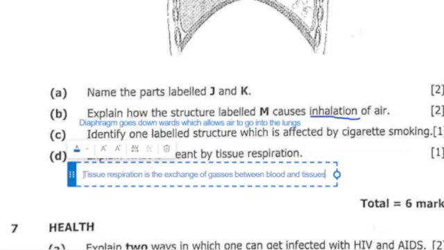The exchange of gases between blood and tissues. That's all. So the exchange of gases between blood and tissues is called tissue respiration.